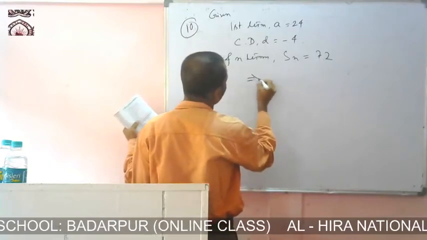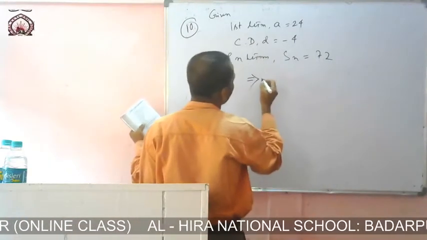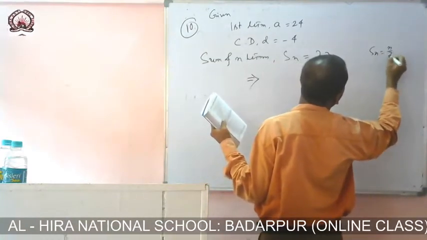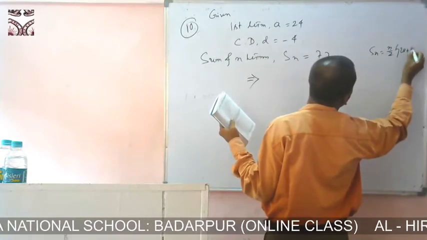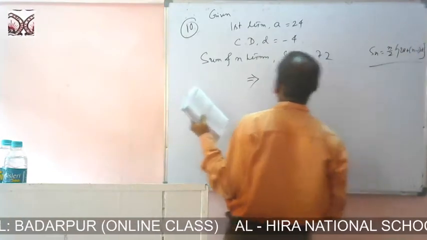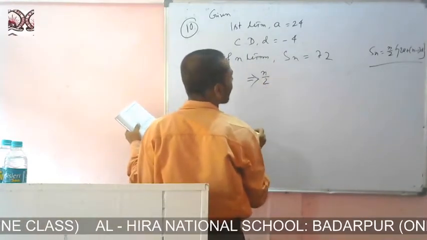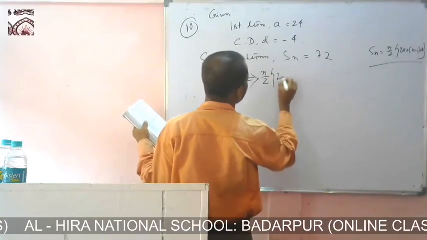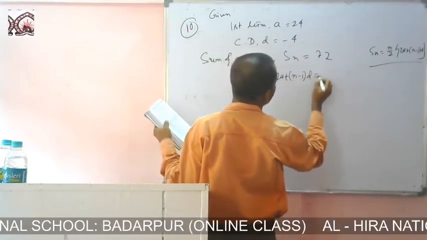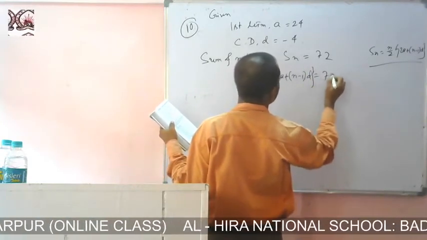The formula of Sn is n by 2 into twice A plus n minus 1 into D. By using this formula, n by 2 times twice A plus n minus 1 into D is equal to 72.